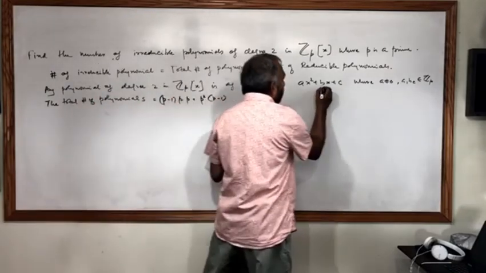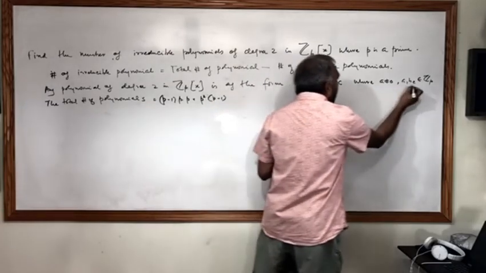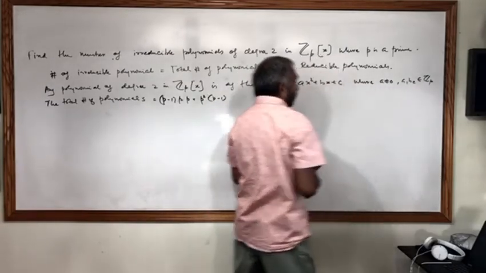These two can be any number in Zp, but a should be a non-zero element from Zp.